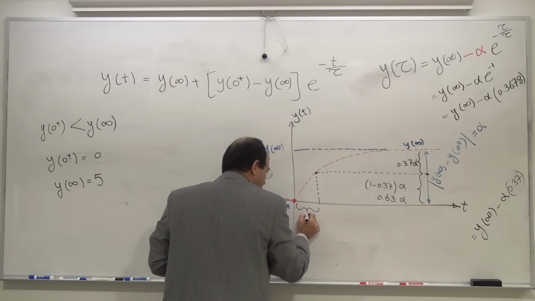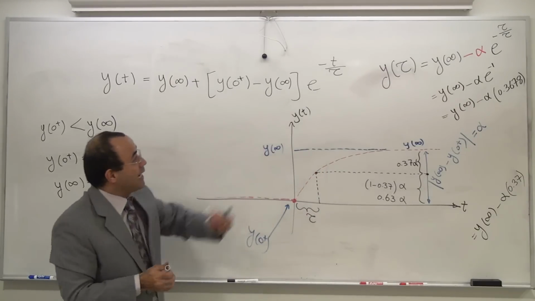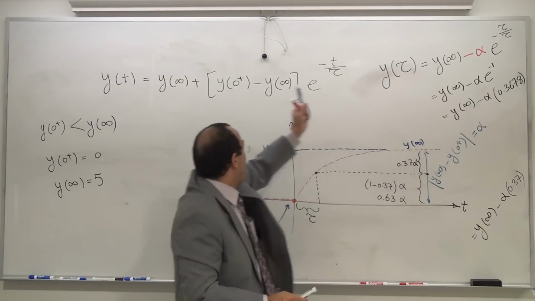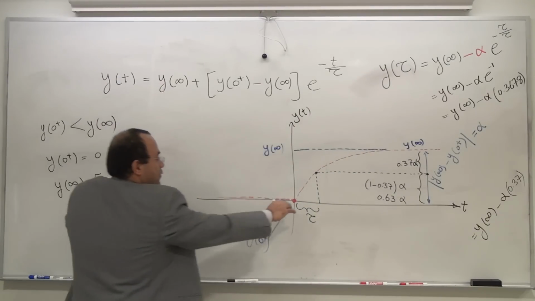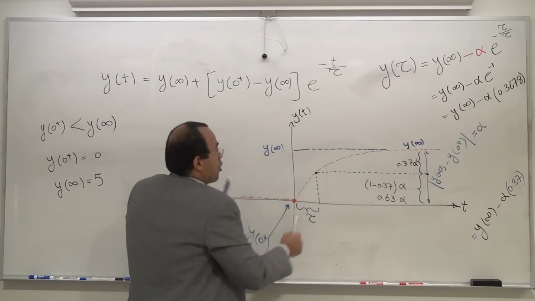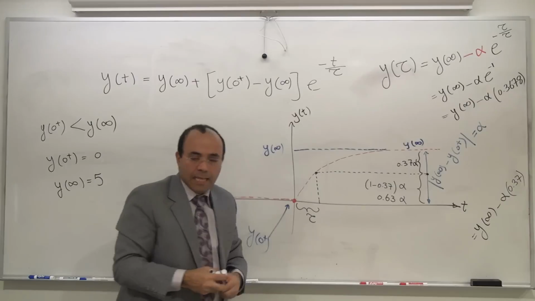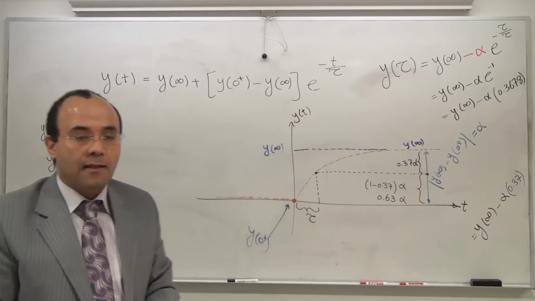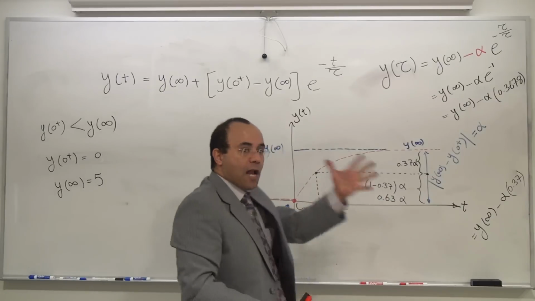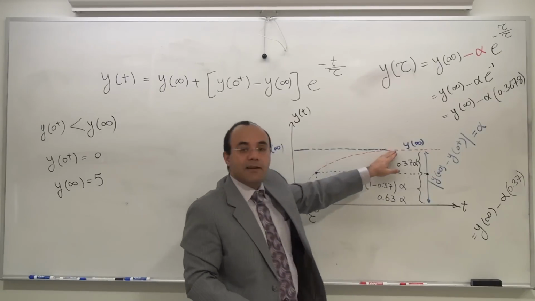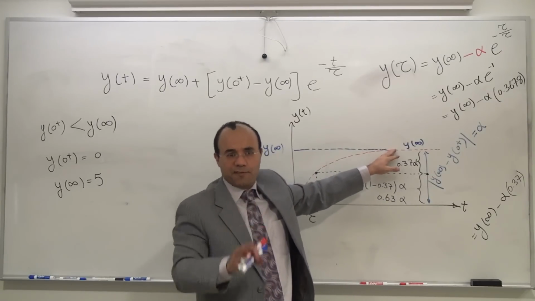You come in, you hit this one, and you come down. This is your tau. Because I calculated y of tau. This is my y of t, the red one, and I showed you y of tau. 1 tau is this. In some textbooks, they say in 5 tau, you get 99%, almost 100% of that.